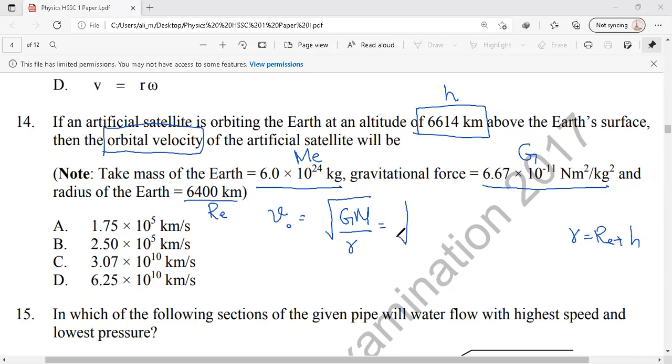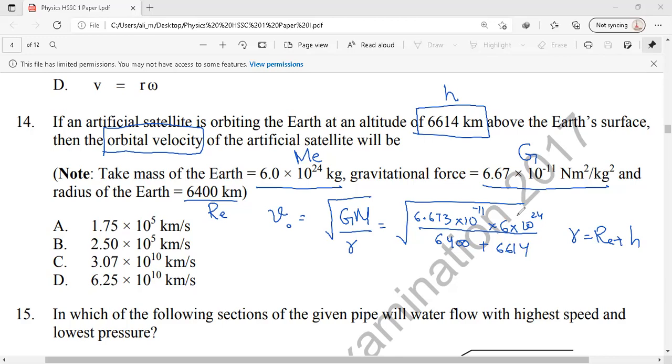So the value of G we have is 6.673 times 10 raised to the power minus 11, and the mass of Earth, that is constant, 6 times 10 to the power 24, divided by r, that is the radius of Earth, 6400 kilometers, plus the height above the Earth's surface, 6614 kilometers.